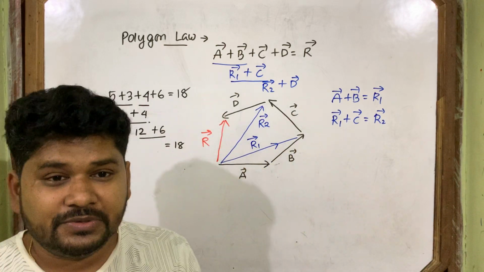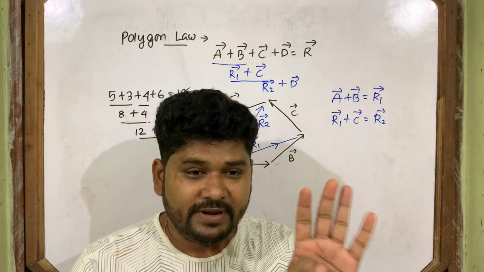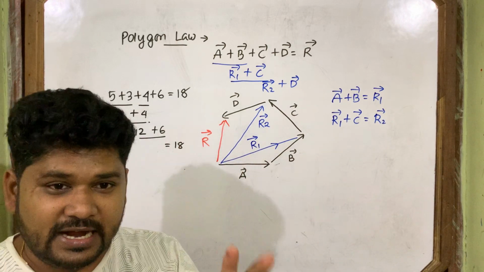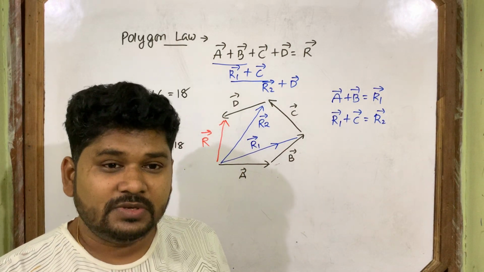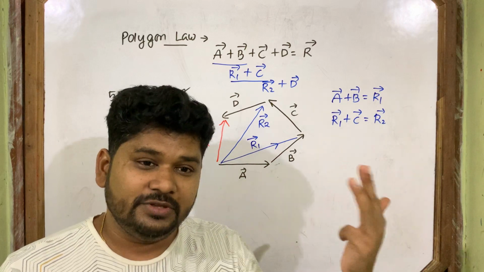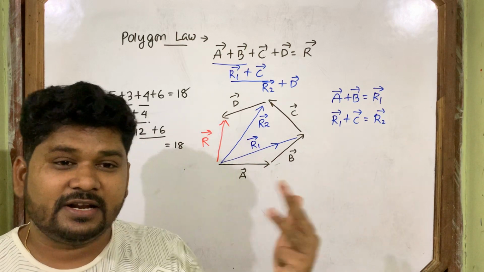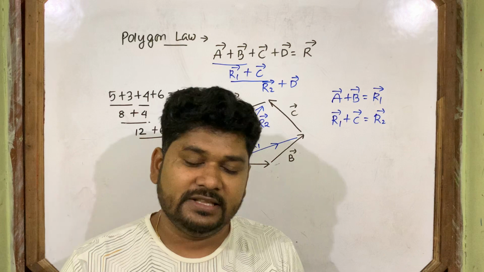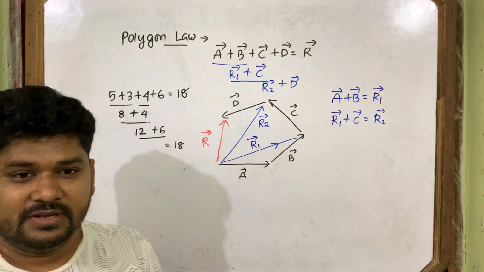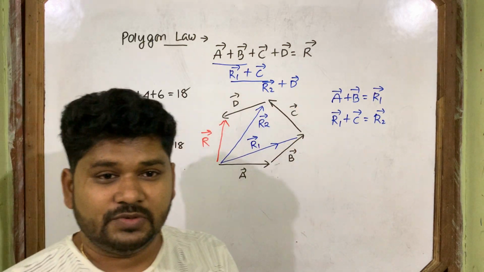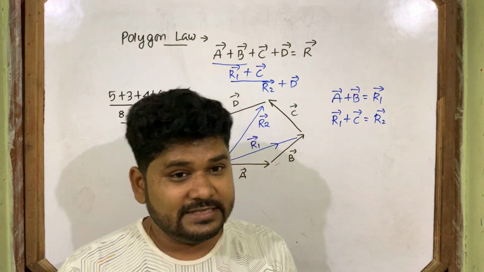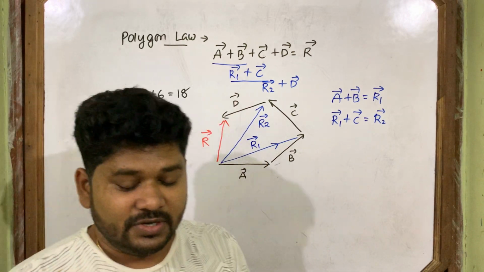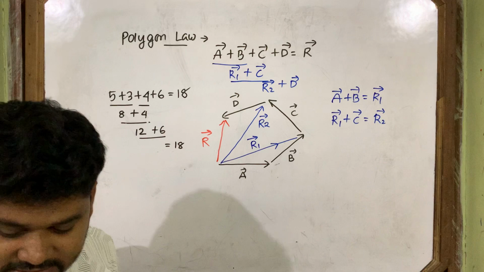If I will give you to add 4 vectors, then you will add first 2, then with the third one, then with the fourth one, you have to repeat the triangular law, and last you will get the result. So I hope all of you now could able to understand what is polygon law. Okay, so now let's come.